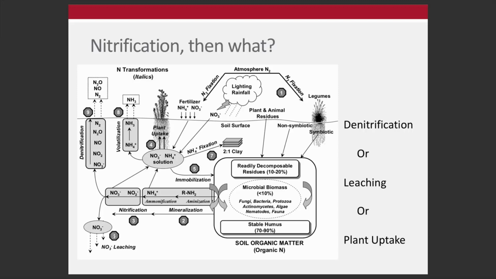So we're going to wrap up here with the transformation piece, talking about mineralization, nitrification, immobilization, and ammonium fixation. Those are those four pieces represented as 2, 3, 5, and 7 here in this nitrogen cycle diagram.